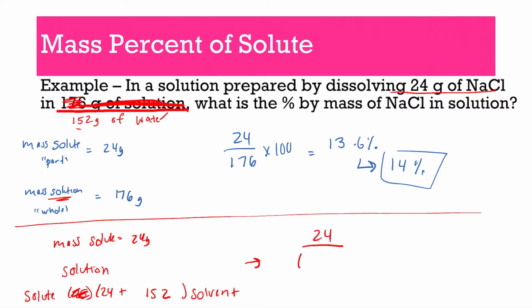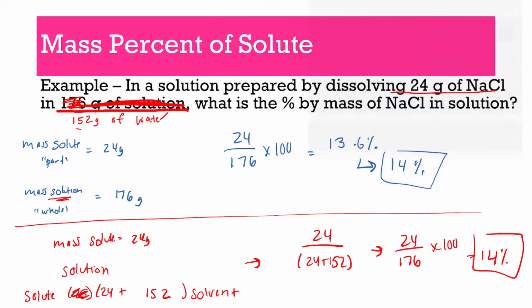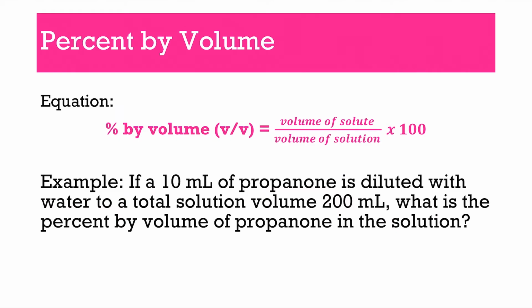Our part is 24. Our whole is 24 plus 152, so again your solute plus your solvent, which is 24 over 176. Part over whole times 100. Again, you get that same thing. So it is very, very important that you read the questions carefully. If it says solution or if it says solvent, just read the questions carefully.